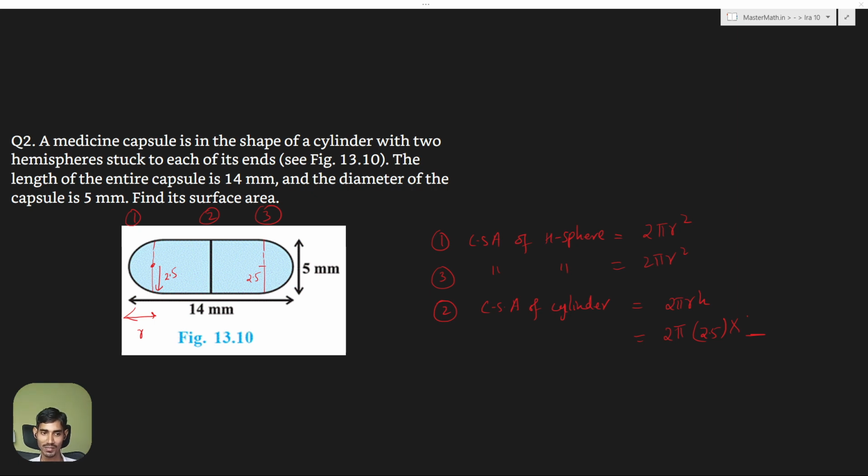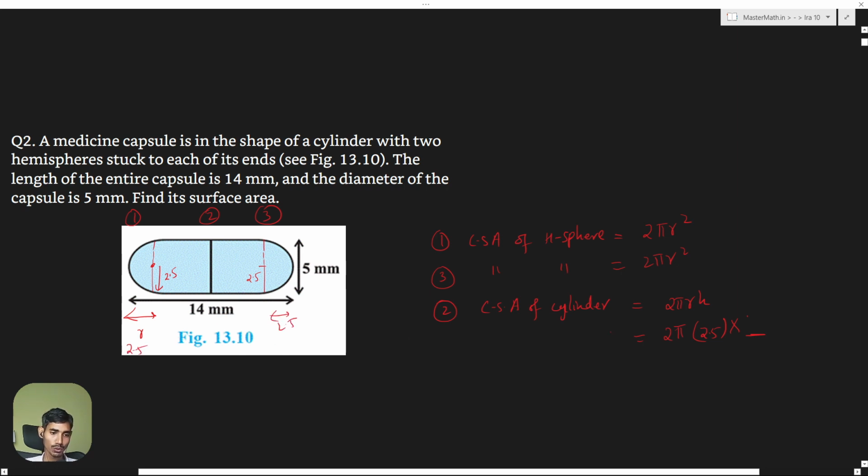That is also r, right? So 14 minus 5. This is 2.5 and this is 2.5, so total 14 minus 5, that is 9. Now we can find the values.